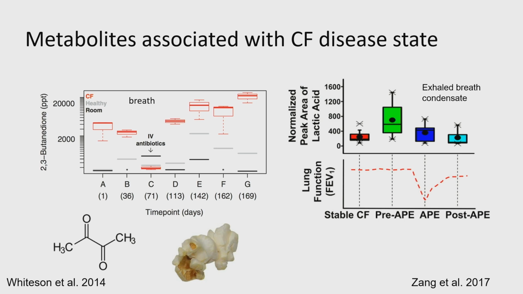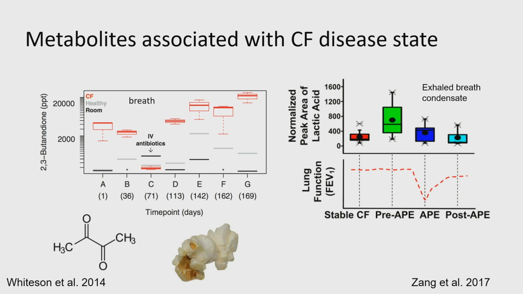In some of the smaller studies in the last decade, we've started to see some metabolites associated with CF disease state. For example, when I was a postdoc in San Diego, I got to take breath samples from some of the CF patients in the clinic there. And we found butanedione, which is a fermentation product. It's often produced by Streptococcus, Rothia, or Staph. And we saw that going down with antibiotic treatment.